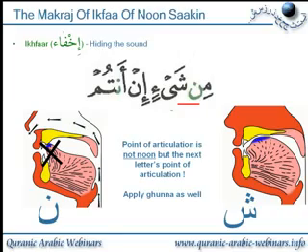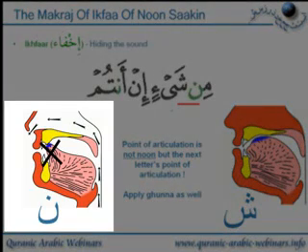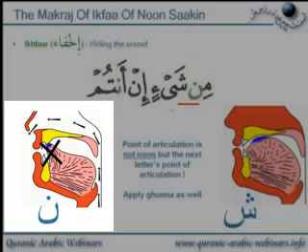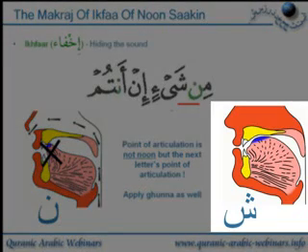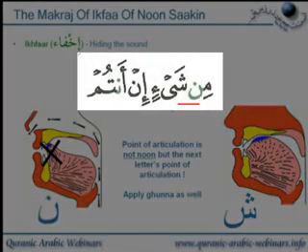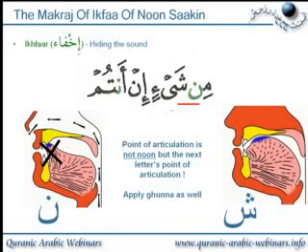So on the left we do the nasalization in the nose, but our tongue is not going to where we'd normally put it for Noon. We already have it in the position for the sheen on the right. Okay, so again that's min shay. So it's very subtle, but a good teacher will be able to tell whether you're doing that right or not.